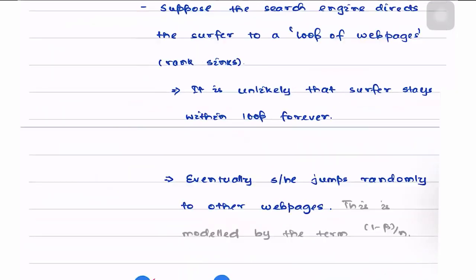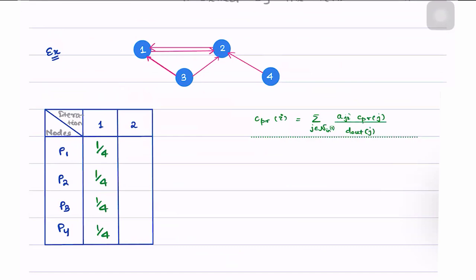Let's try to compute the PageRank centrality for this given digraph. We have initialized the algorithm with some equal values for all of the nodes. You could also choose the vector of all ones. That would also work.